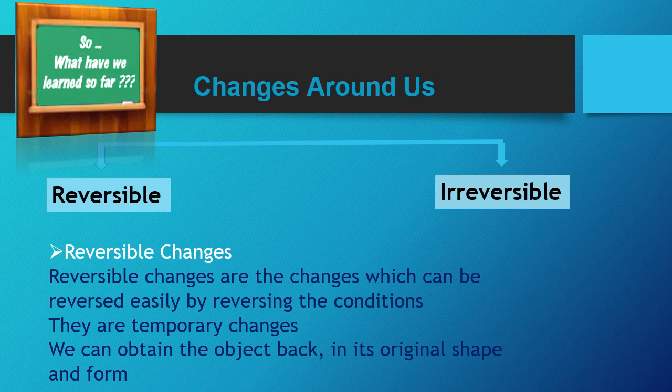And these changes can be classified as reversible and irreversible changes. The changes which can be reversed easily by reversing the conditions are called reversible changes. They are temporary changes and we can obtain the object back in its original shape and form. For example, drying of clothes, folding a paper, blowing a balloon, melting of ice, etc.